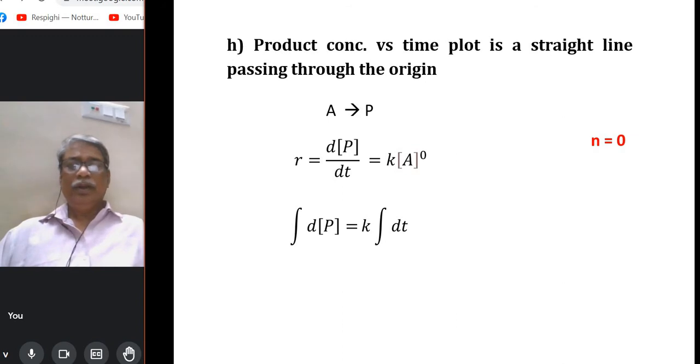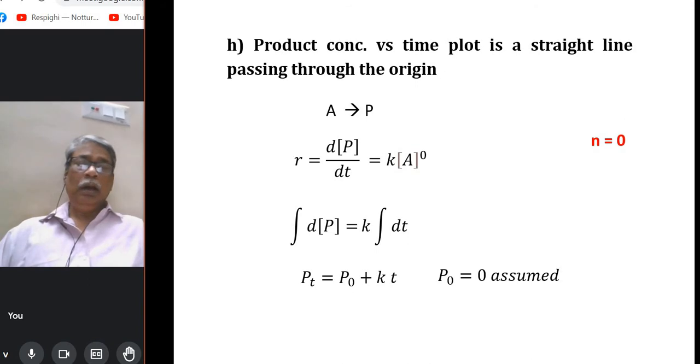So integrate dP equal to k dt, P0 to P, and time 0 to t. So we get Pt equal to P0 plus kt. Of course it's an equation of straight line, but with an intercept P0. But if we assume that there was no product concentration to start with, P0 equal to 0, then it does match with the question that it's a straight line passing through the origin.